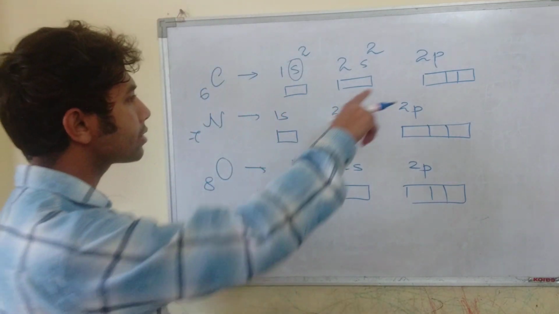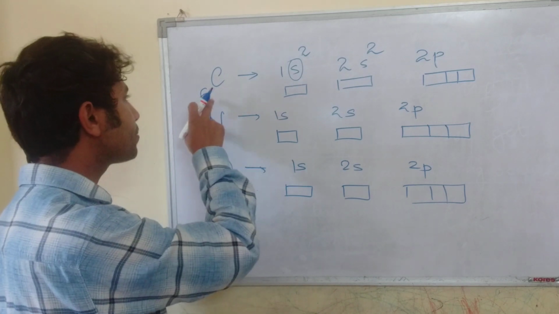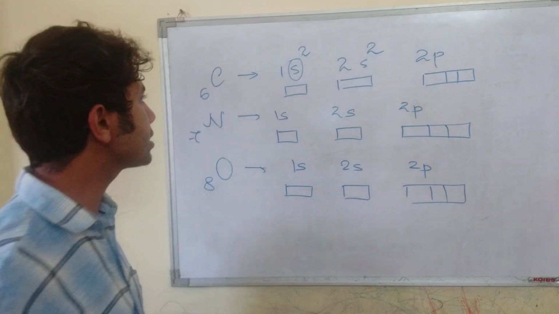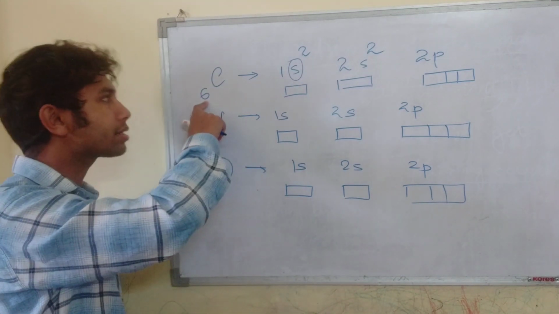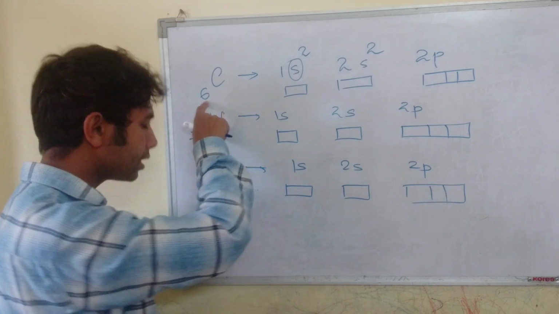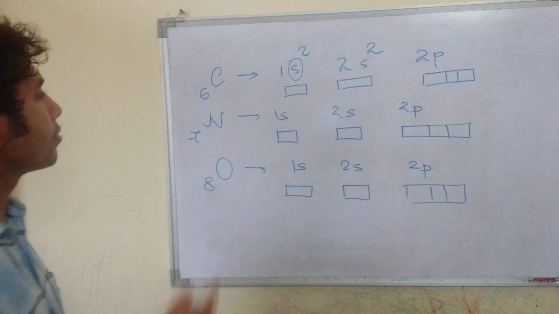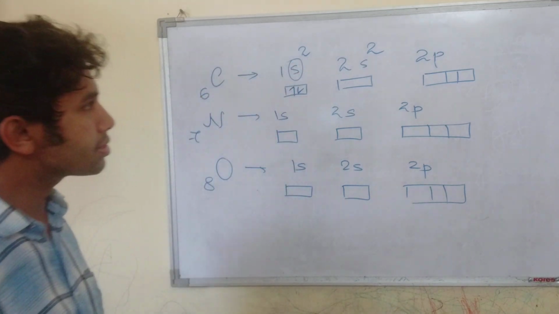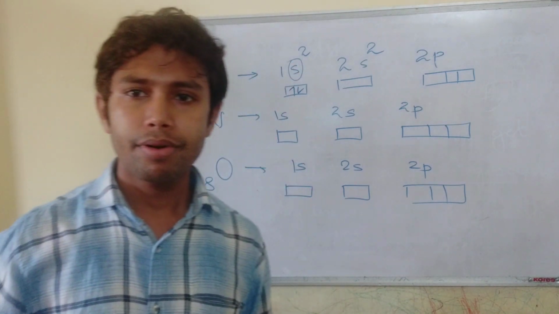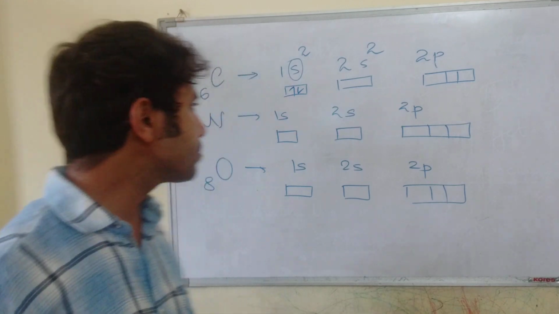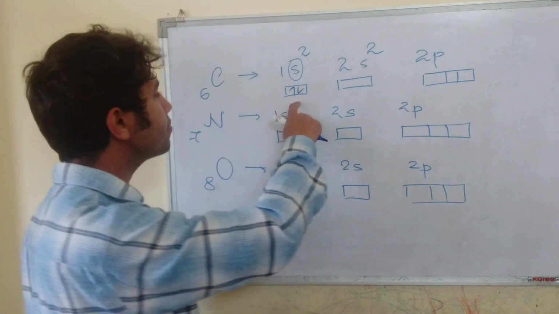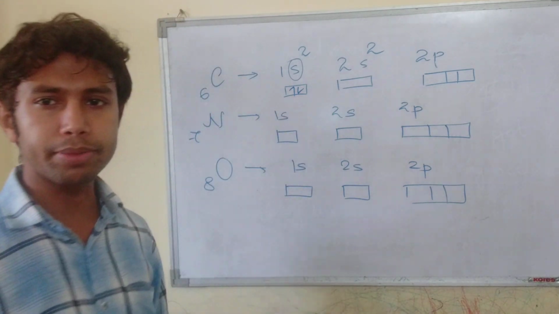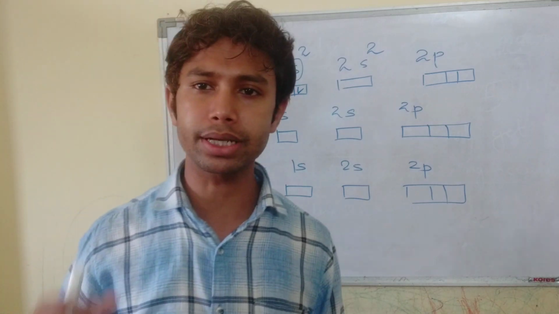Now what happens in the case of carbon? Here 6 electrons are available. So first 2 electrons we give to 1s. More than 2 electrons is not possible, as we know from Pauli's exclusion principle: an orbital can accommodate a maximum of 2 electrons.